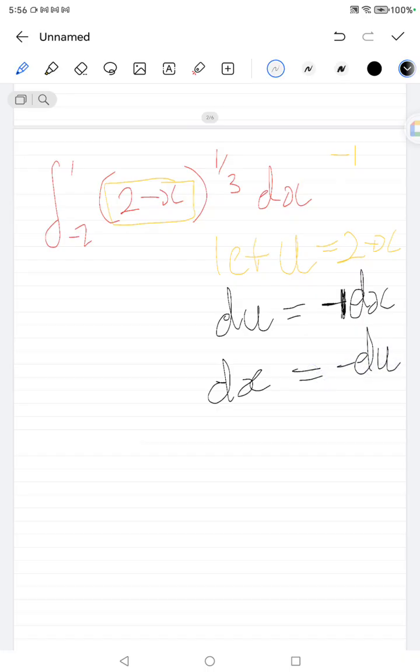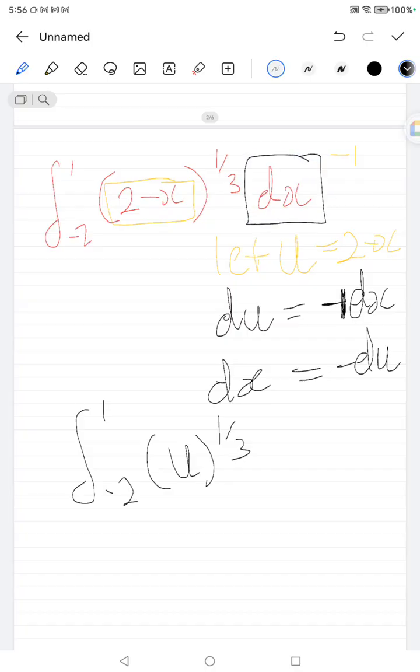So as we said, we're going to be replacing that 2 minus x with u. Then we have that 1 over 3. Then remember, instead of having this dx here, we're going to replace it with minus du.